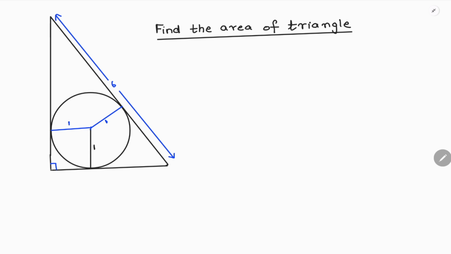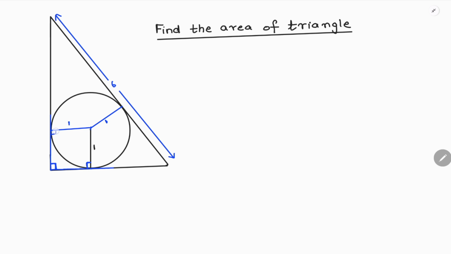Since these two lines are tangents on the circle, these two will be equal. When we join the radius to the tangent, we get a 90 degree angle here.